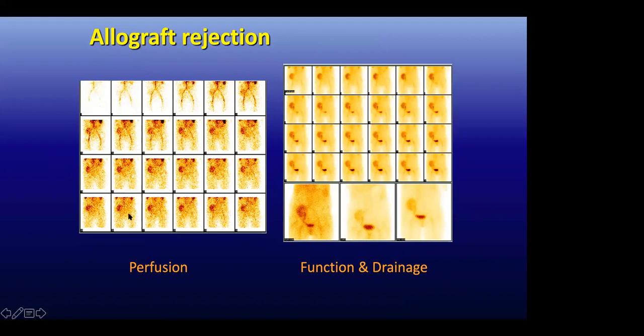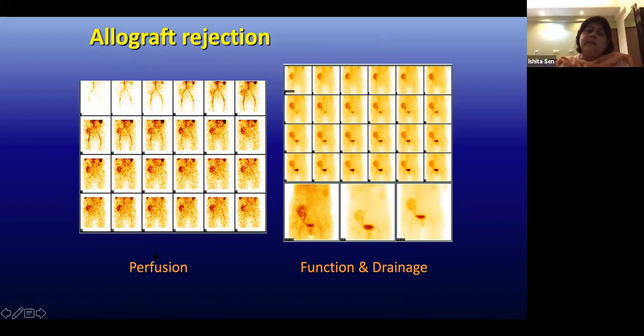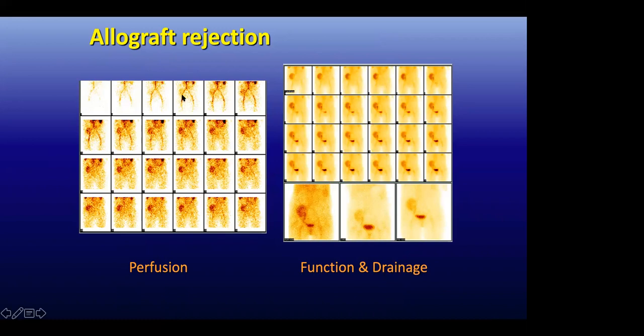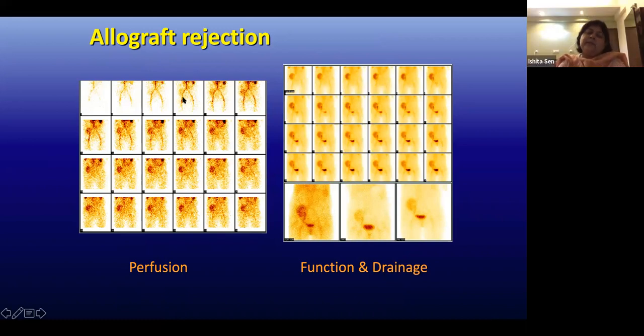So the standard teaching is that in case of an allograft rejection, it is the perfusion which is the first thing which gets altered. So you have a reduced and delayed perfusion, which you see now.